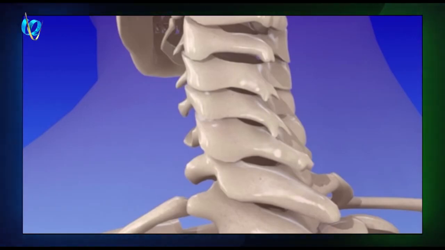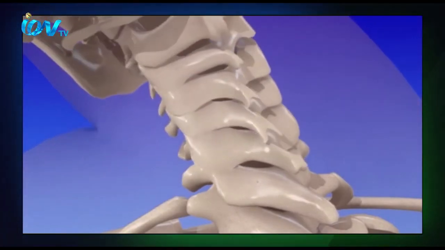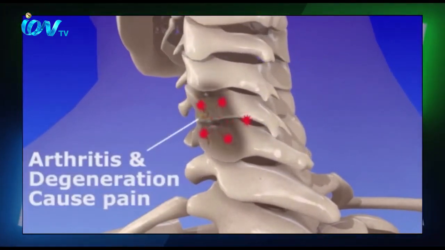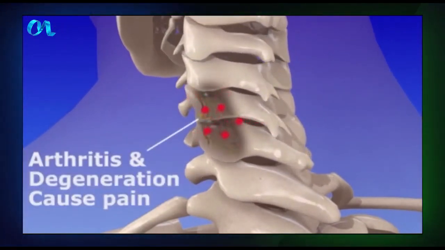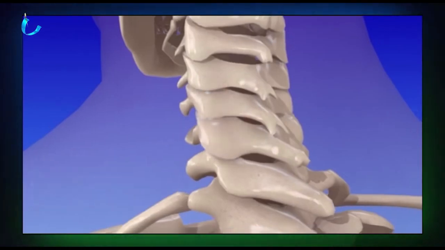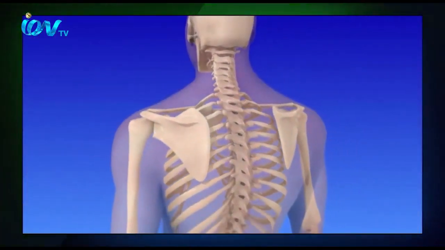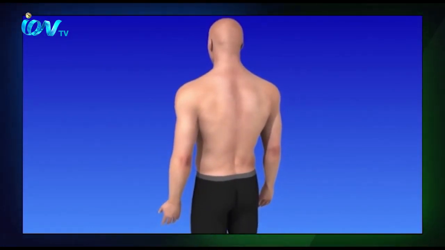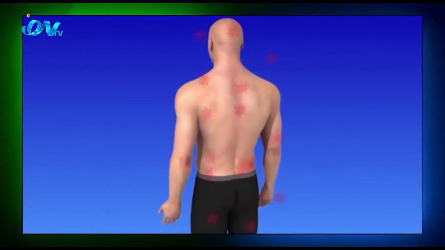The facet joints allow spine motion. Facet joint pain can be caused by a variety of spine conditions, such as arthritis and other degenerative disorders. Depending on the location of the affected facet joint, pain can spread to the neck, low back, and buttocks. You may be a candidate for facet injections if you have spine-related pain that is not relieved by conservative treatments.